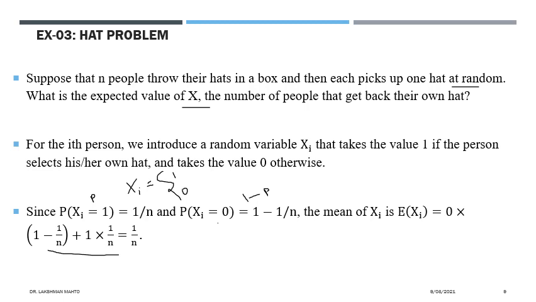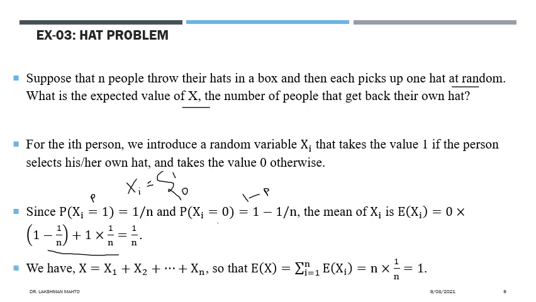But our main question is to find the expected value of x, the number of people that get back their own hat. For that we define a sum of these n Bernoulli random variables, and this sum is again a binomial random variable in nature.